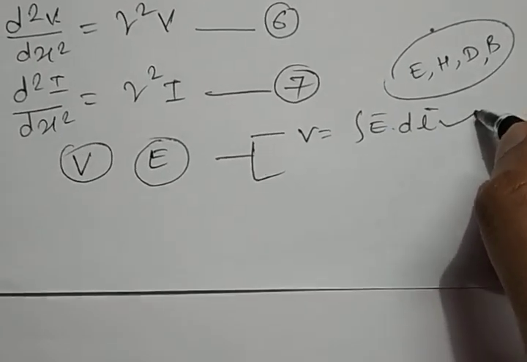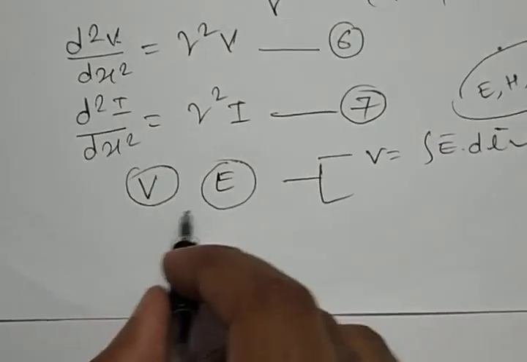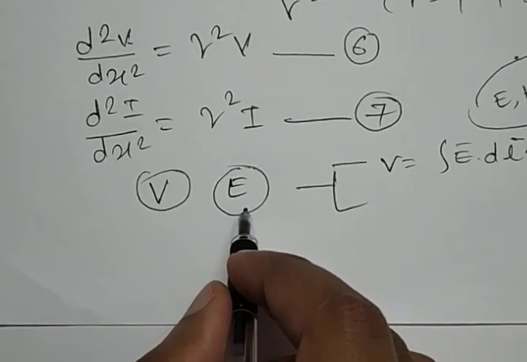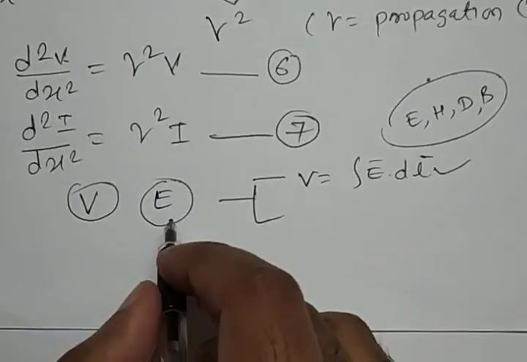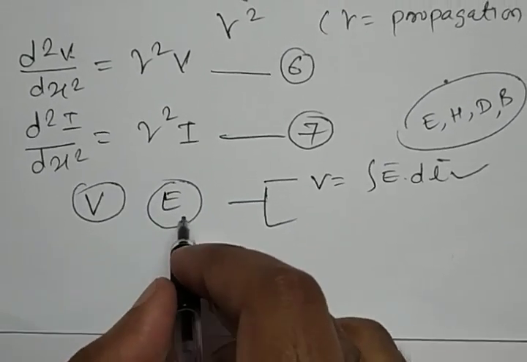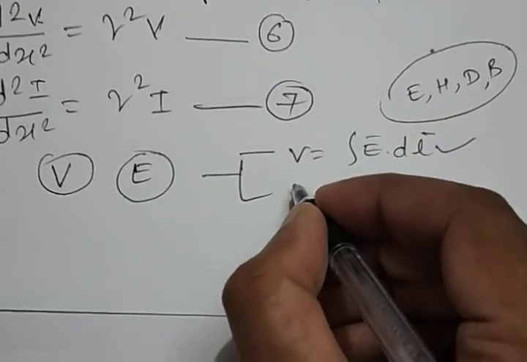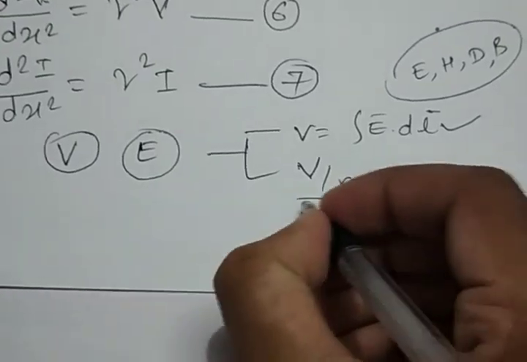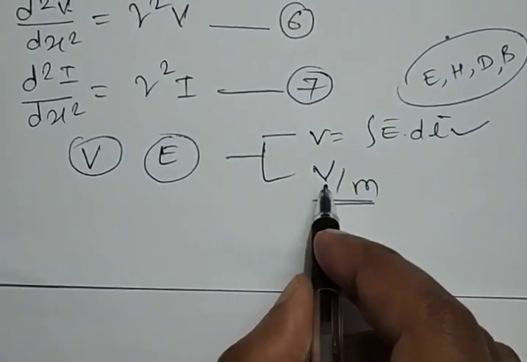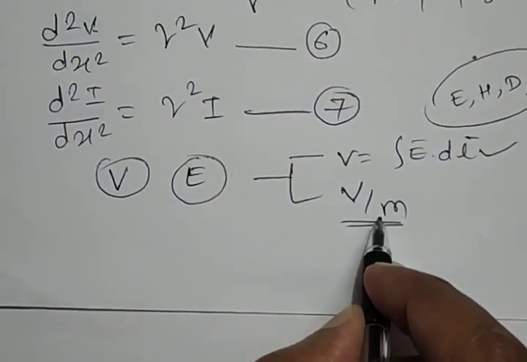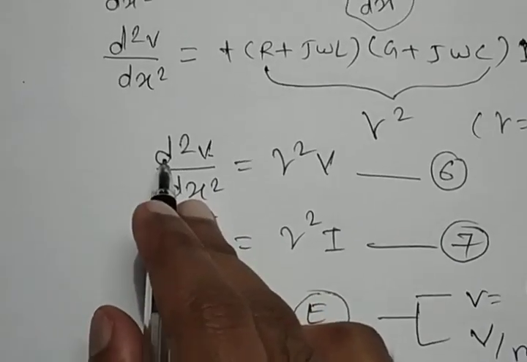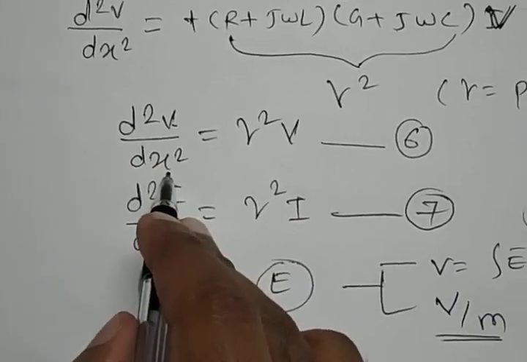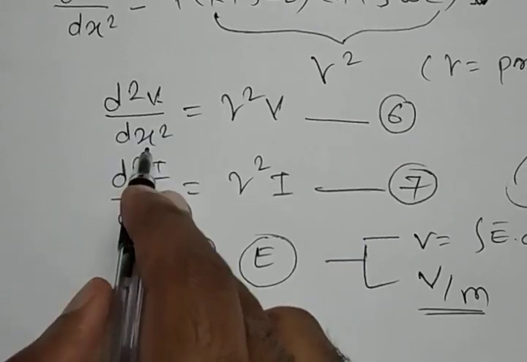Those who remember this, okay, fine. If not, we have the definition and the unit of electric field intensity. What is the unit of electric field intensity? The unit of electric field intensity is volts per meter. So basically it is voltage given per meter. Here you can see the dV by dX term, voltage per some distance.